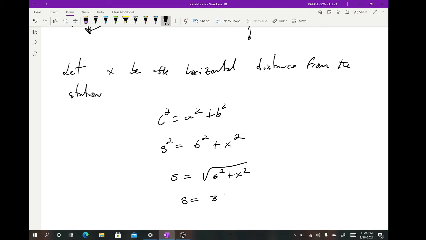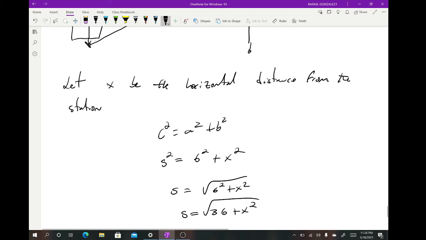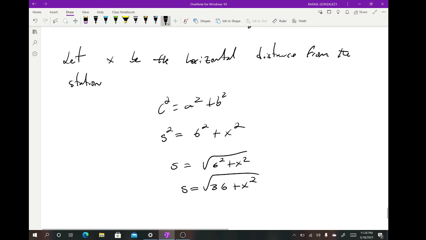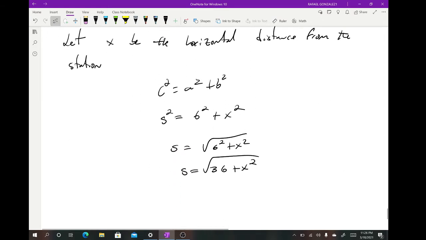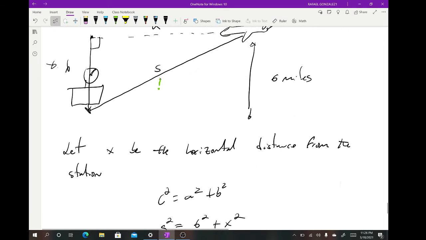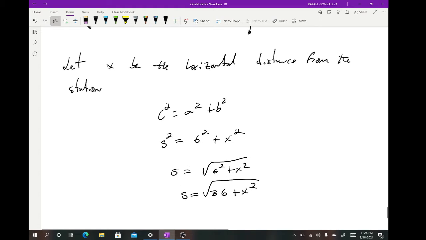That means that S is equal to the square root of 36 plus x squared. Now, this is the value of S.